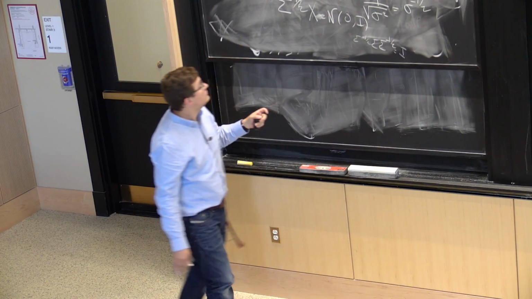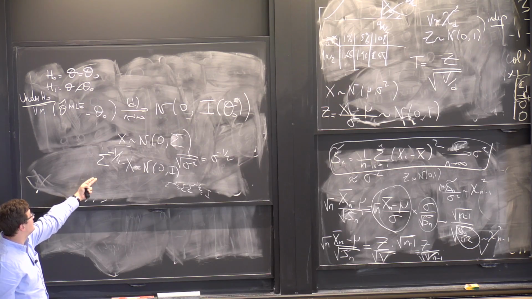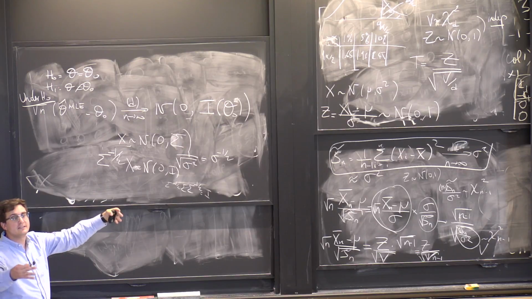OK, so now I pre-multiplied by sigma to the minus 1/2. Of course, I'm doing all of this in the asymptotics.